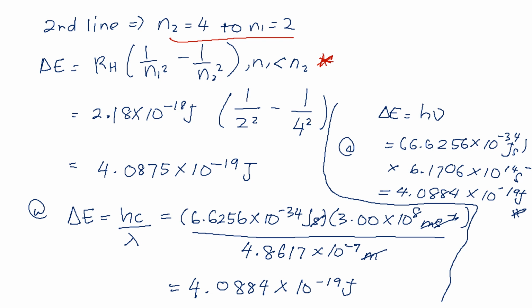But if, let's say, you got a wrong answer for the lambda value, it will affect your answer for delta E. If you get a wrong answer for the nu value, you will get a wrong answer for delta E. So the best is using RH times 1 over n1 square minus 1 over n2 square, based on the information given in the question. So that's the answer for number 1.